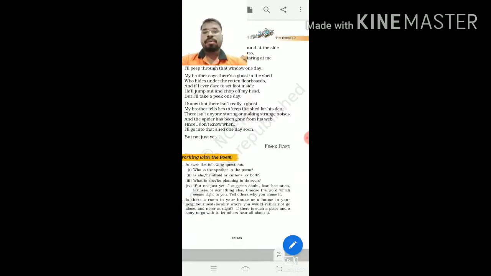His brother tells him that inside that shed lives a ghost, a bad figure who hides under the rotten floorboards.